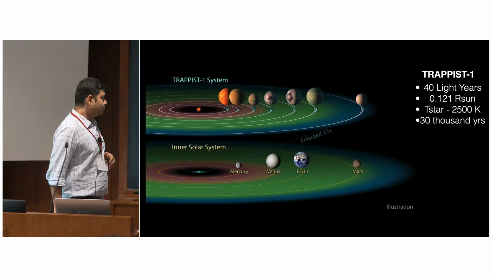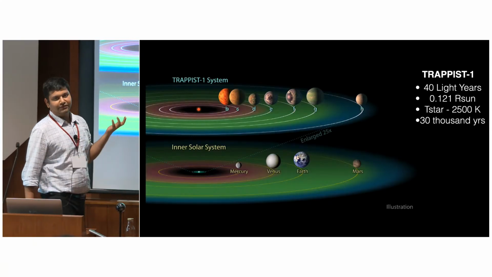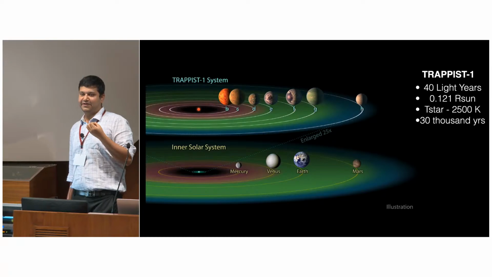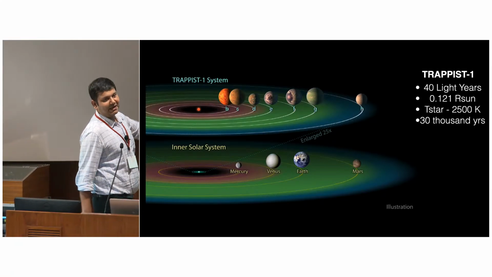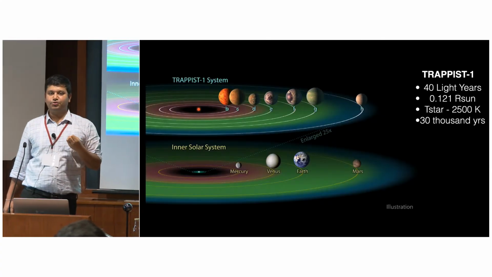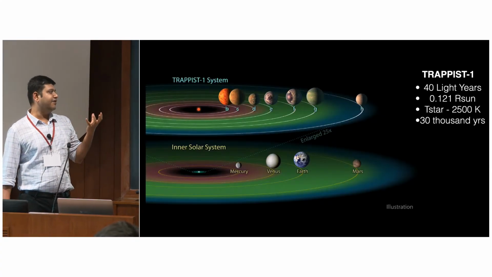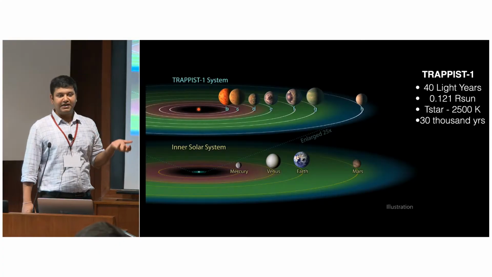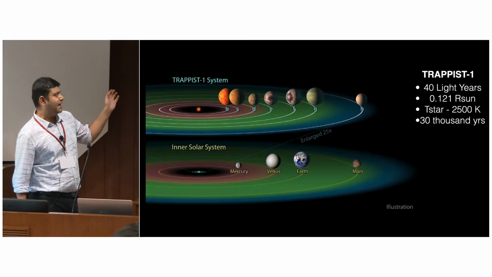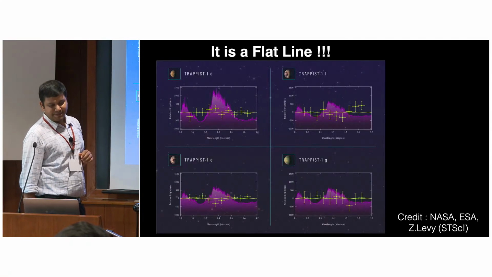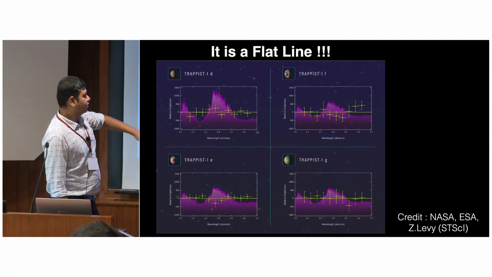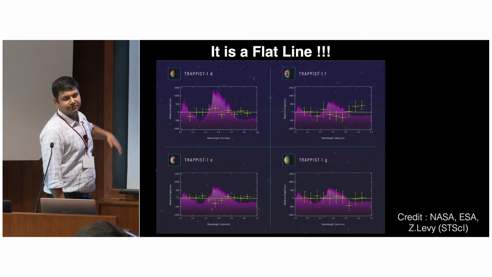So one of the interesting systems, a very famous system, is the TRAPPIST-1 system, where we had seven planets in the habitable zone. People have been trying to study the atmospheres of these planets as well. That was done using the Hubble Space Telescope first, but we all got flat lines, nothing much.